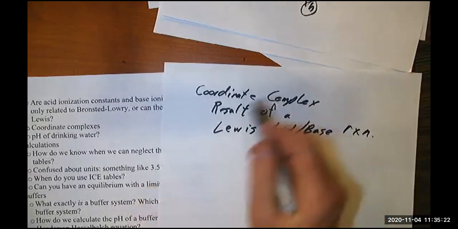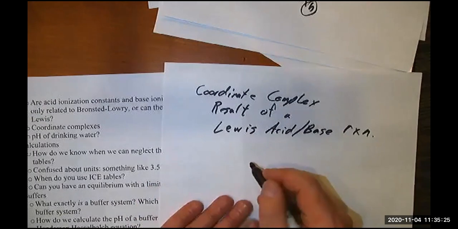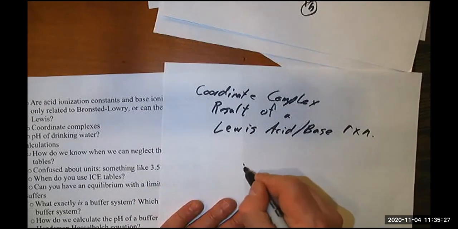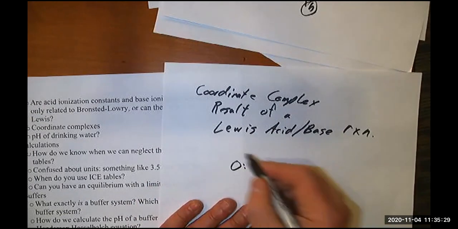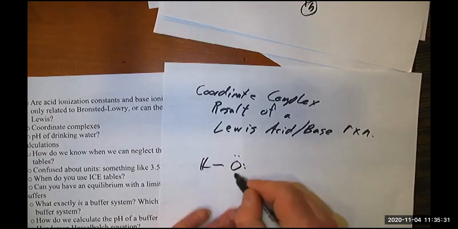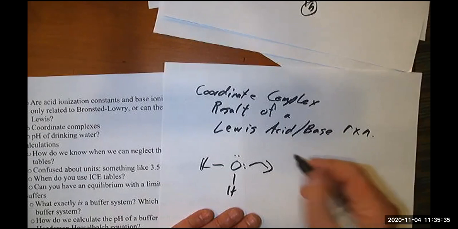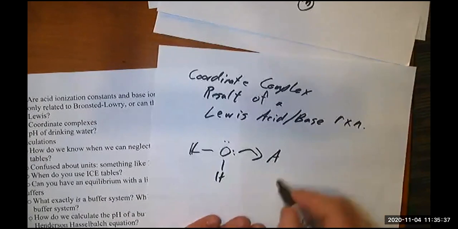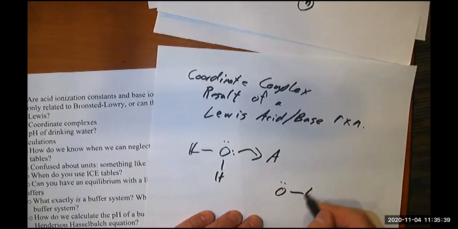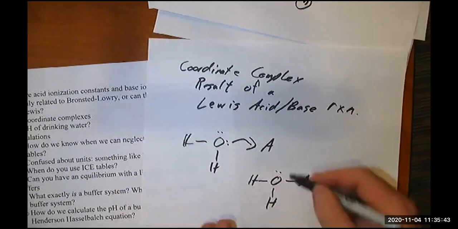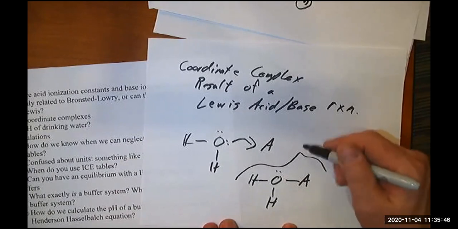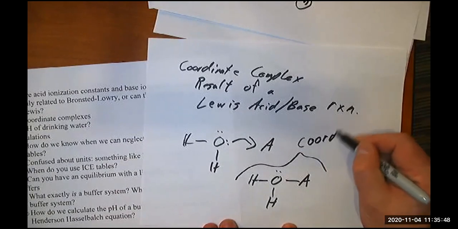So this would imply that anything where a lone pair of electrons is donated to some Lewis acid to form a covalent bond would be considered a coordinate complex by that definition.